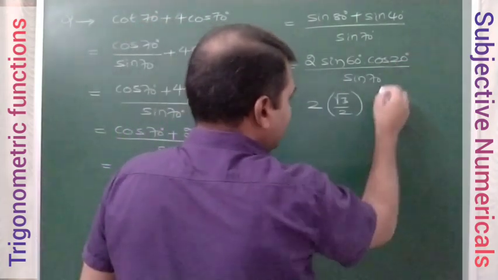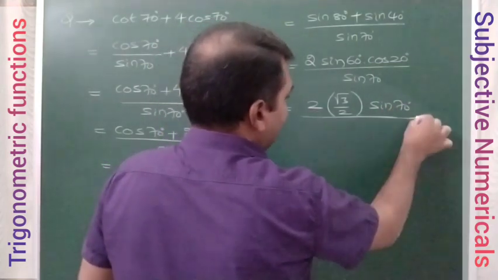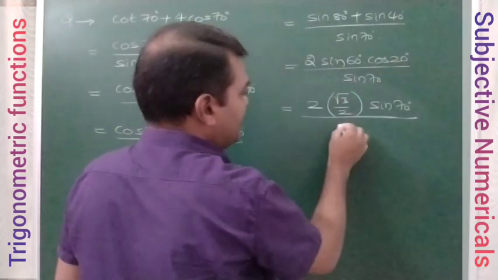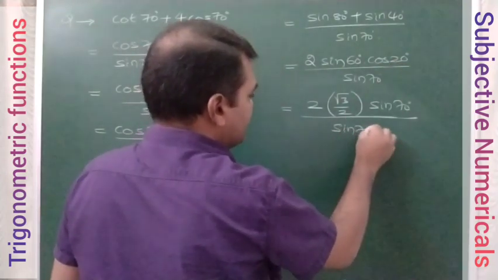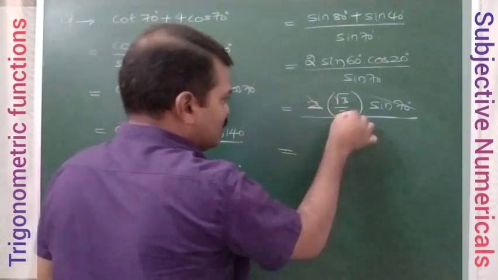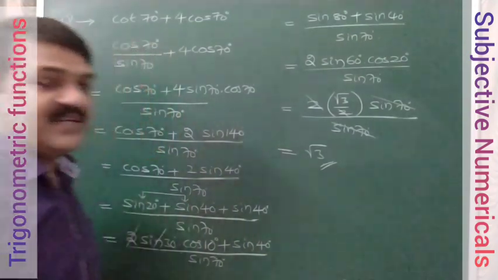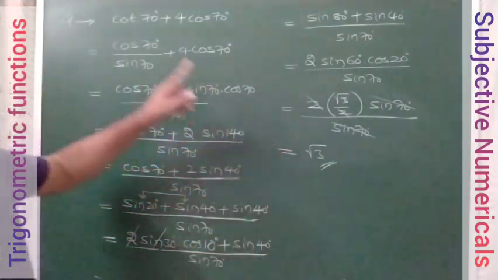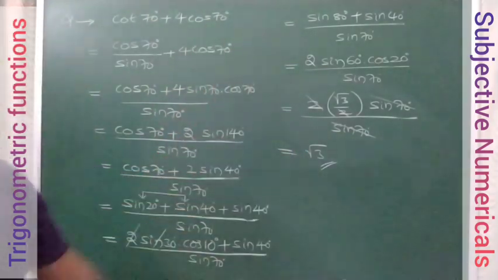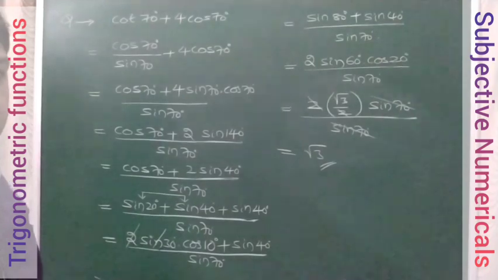Cos 20 is same as sin 70, cos 20 is same as sin of the complement of 20. So sin 70 cancels, and this 2 and 2 cancel. So root 3 is the final required answer for cot 70 plus 4 cos 70. This is the answer. Okay, so let us move on to the next question now.